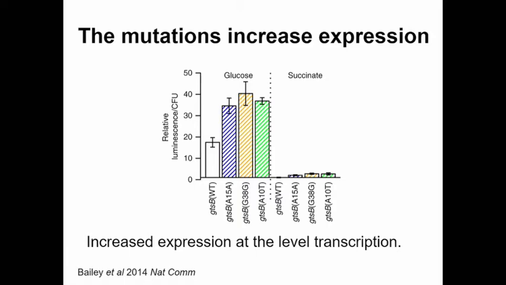And here's the gtsB, just the regular wild type without any of those mutations. So you can see there's a significant increase in terms of expression in the glucose environment. But again, this is a glucose-specific effect. So there's no significant expression differences going on in other alternate types of environments.